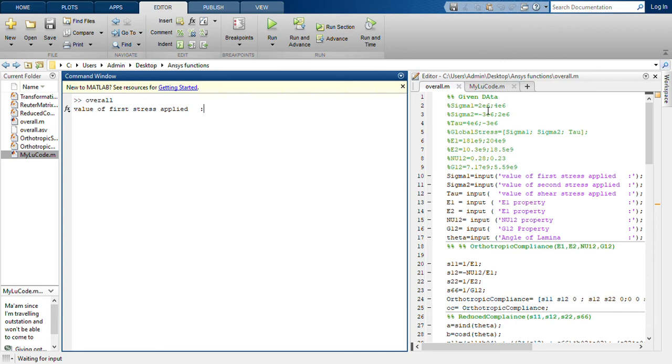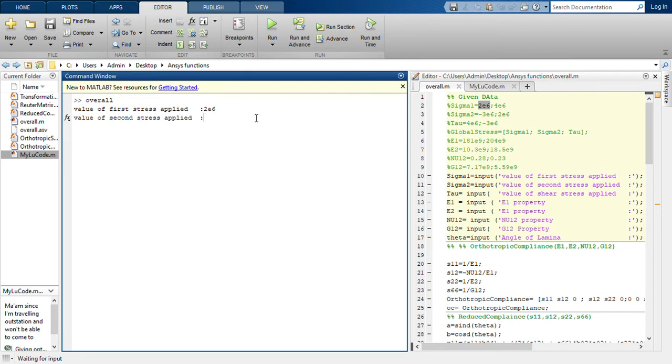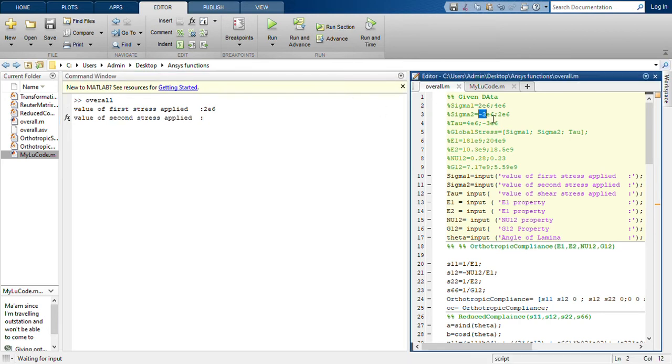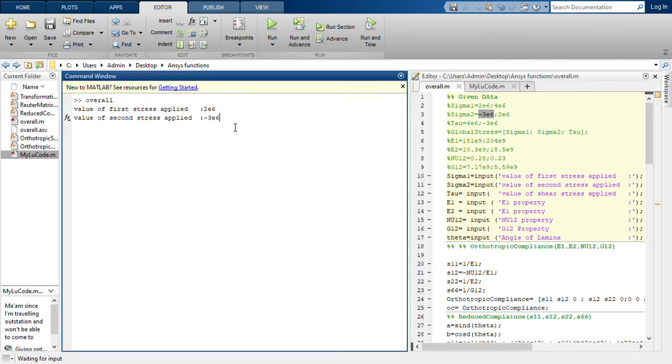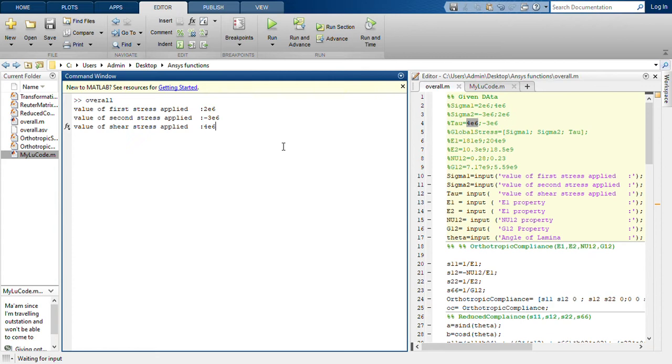Value of first stress applied, sigma x, that is 2 megapascal. This is all given in the question itself. Sigma y is this much, tau xy.